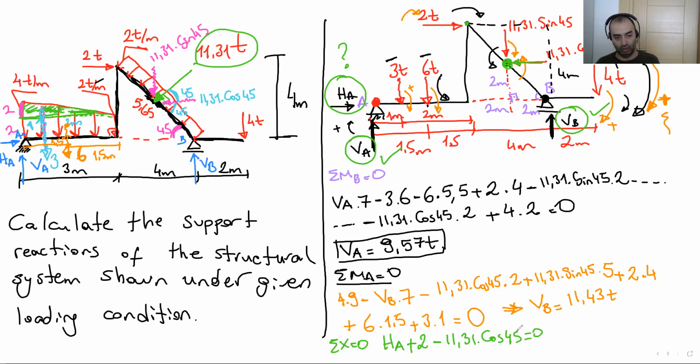Remember, what was our equilibrium equation? Total x is 0, total y is 0, total moment at any point is 0. Okay, so here, as you can see, we used total x is 0. And if we solve this equation, HA is going to be 6 tons.